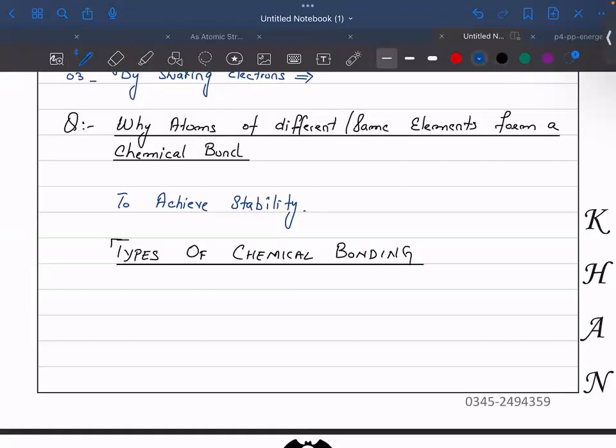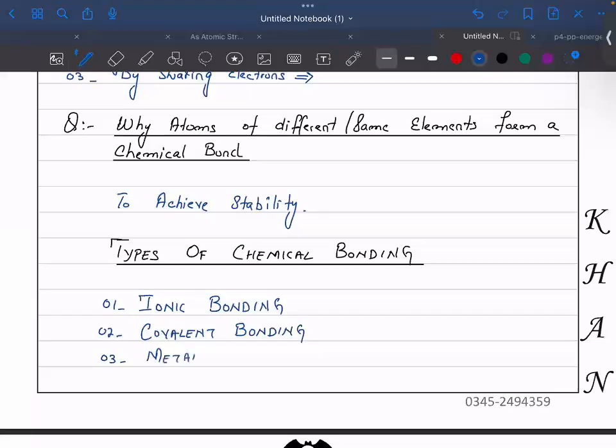There are three types of chemical bonding: ionic bonding, second one is covalent bonding, the third one is metallic bonding.